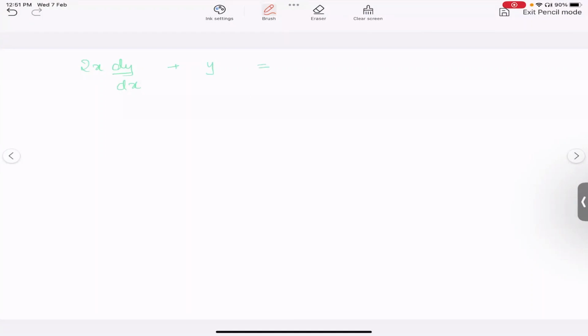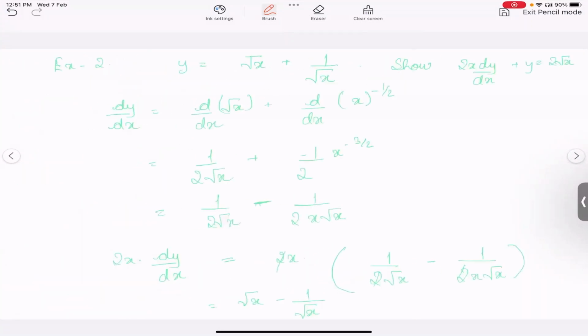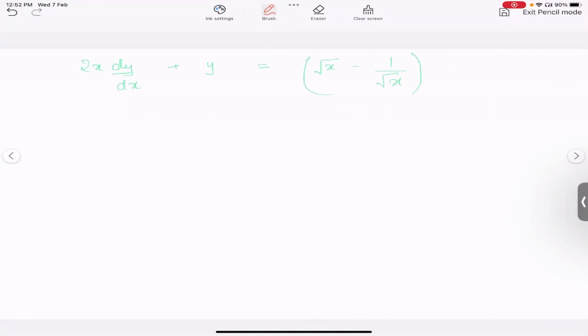This will be equal to, from what we did here, and in the question we already have square root of this thing, that will be equal to this term, and this term will add up, and this term will cancel each other. So this will be equal to 0. So this is the proof that we had to do. So this was a simple one. Let's try another one.